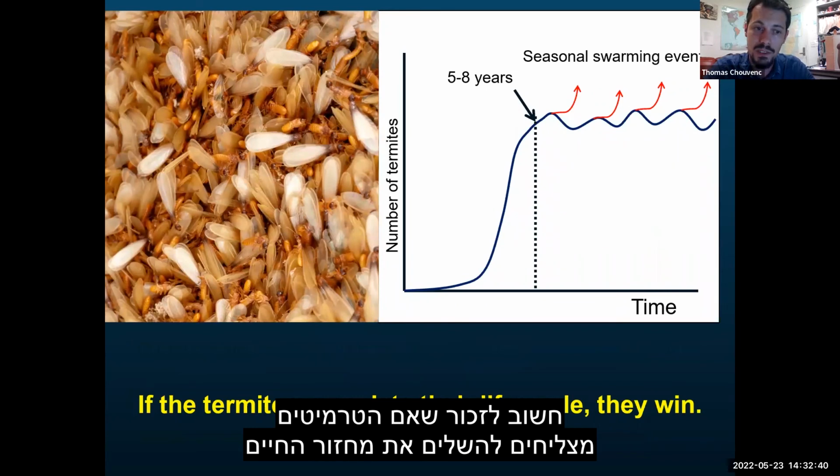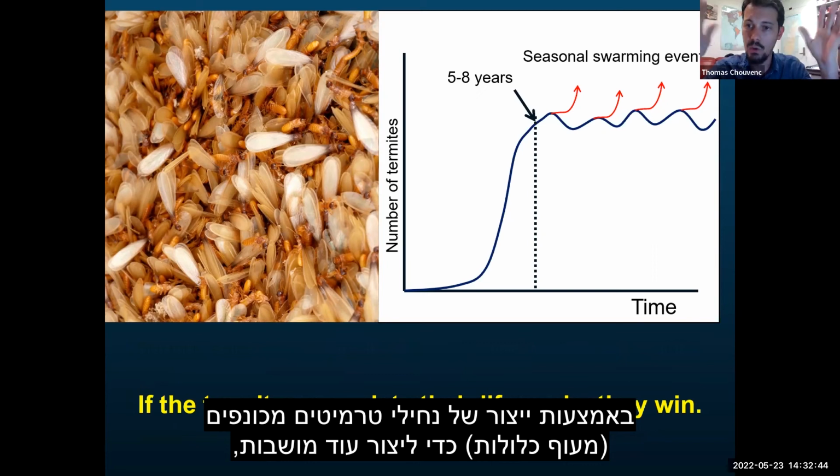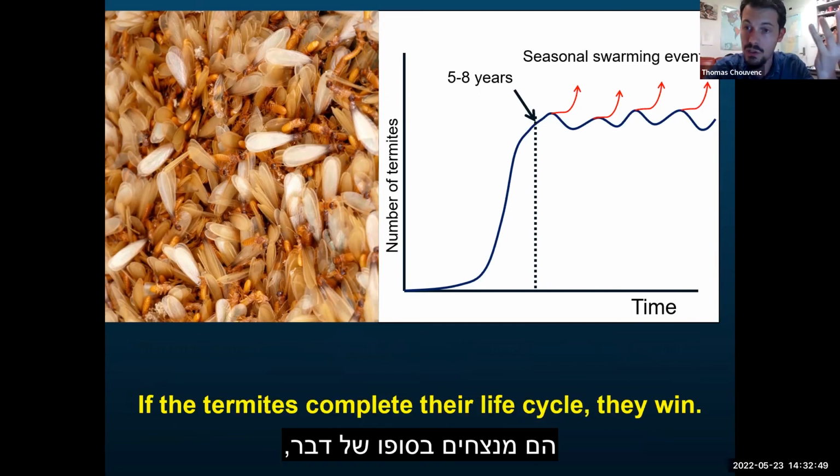One thing to remember is if termites complete their life cycle by producing these swarms, these winged termites to make more colonies, they win, essentially.